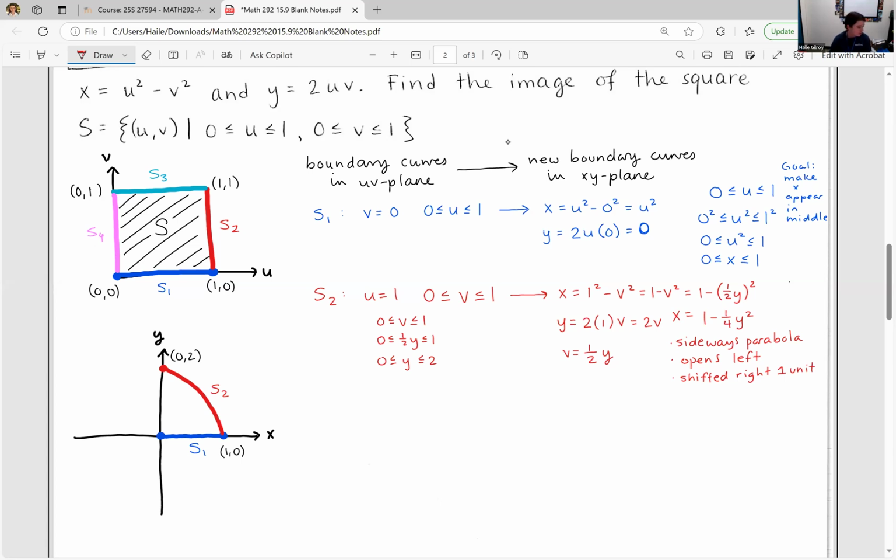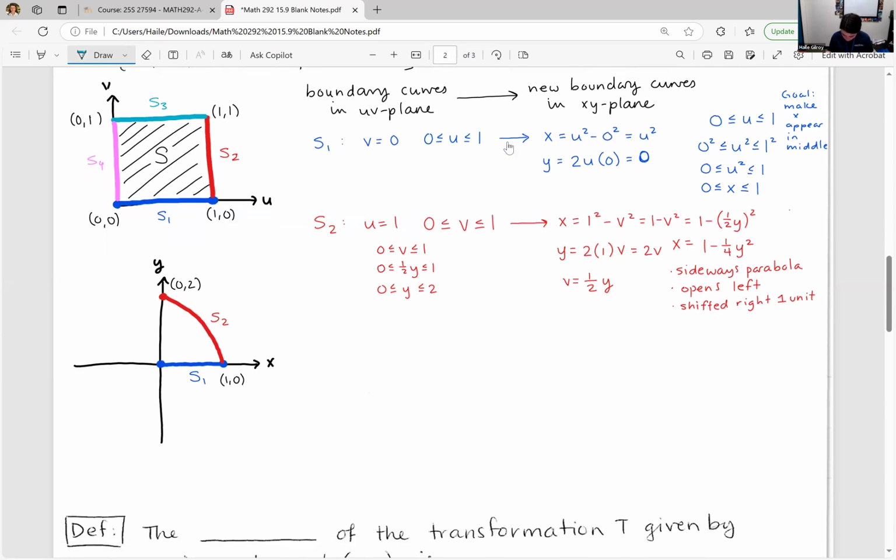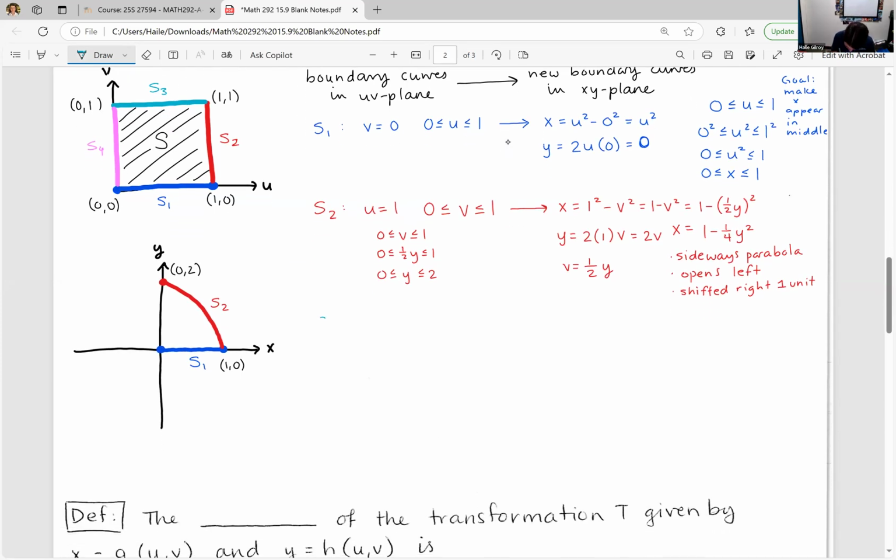Okay, so let's keep going with S3 and see what happens with S3. S3 is our teal curve, so I'm going to do this work in teal. For S3, we have another horizontal line, the top of that original square. The U coordinate varies between 0 and 1, kind of like S1. But V is equal to 1 because it's the top side of the square.